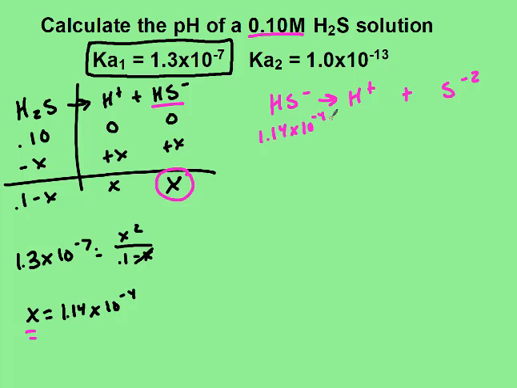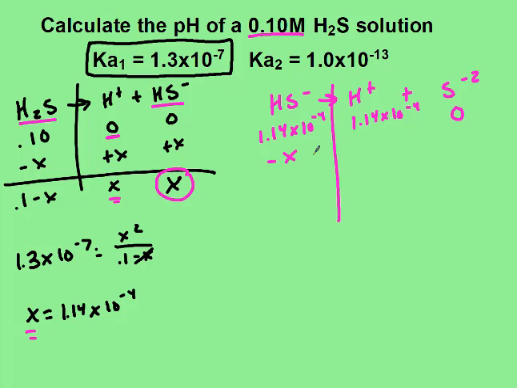But unlike the first one, we didn't have any H to begin with, but when H2S broke apart, it produced some hydrogen, which was also X. So unlike the first ice table we did, we should have some H already in the container from when H2S broke apart. But we don't have any sulfur because H2S didn't produce S negative 2.